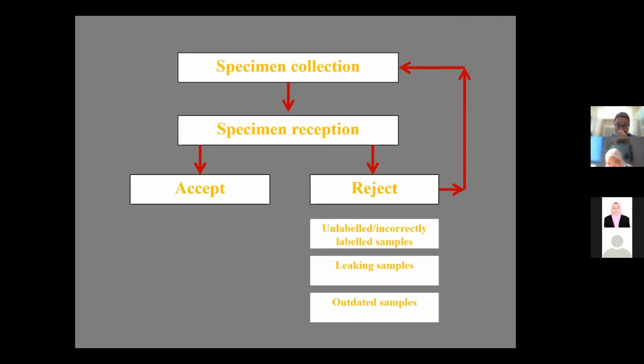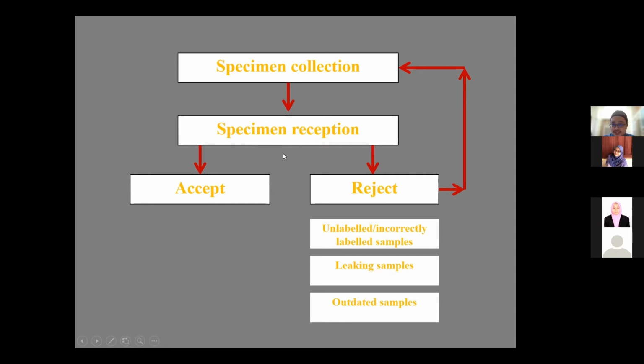Okay, I hope you still remember this flow chart from yesterday, where I showed you how things flow in the setting. Yeah. So firstly, we have the specimen collection, collected by the relevant personnel, and then sent to the specimen reception. Many of you will be working as the gatekeeper at the lab, yeah, at the reception.